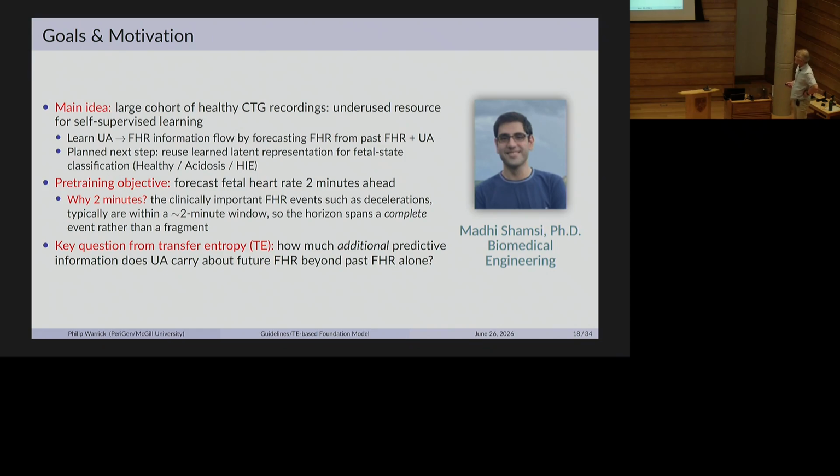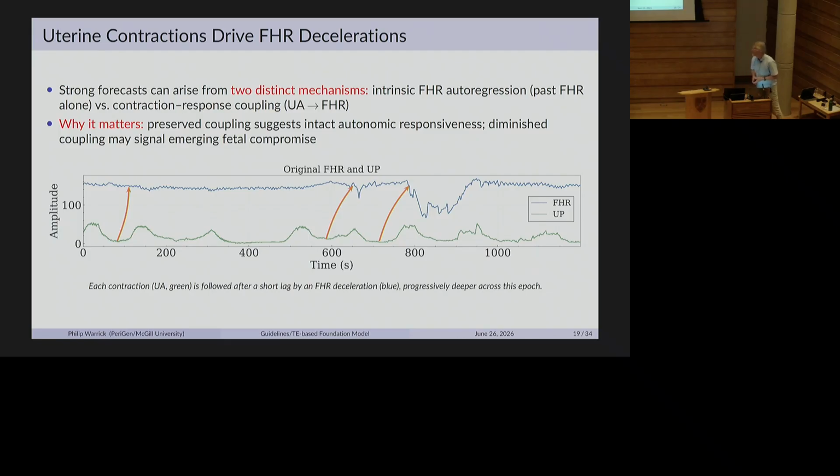And then we bring transfer entropy into the mix by saying the key question from transfer entropy is how much additional predictive information does the UA give about future FHR that the past FHR could not give alone. And so this is the idea of getting a sense of the coupling.